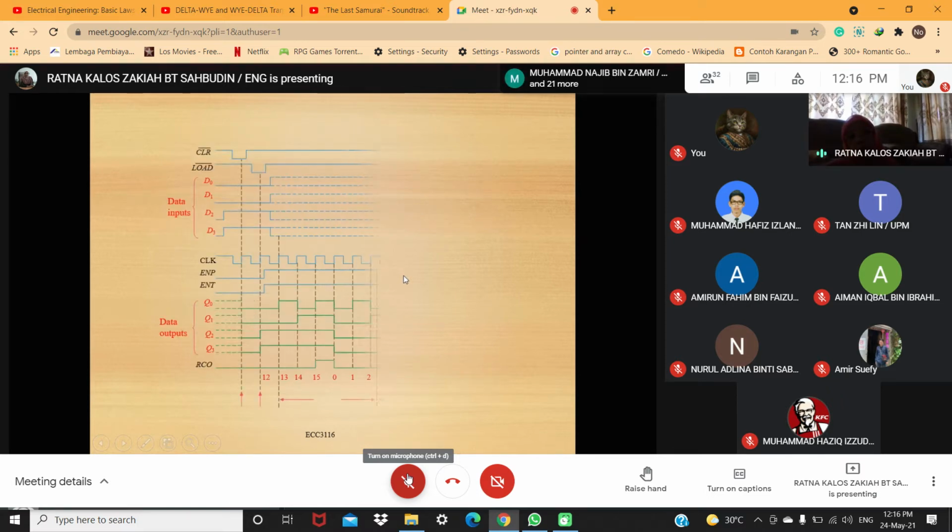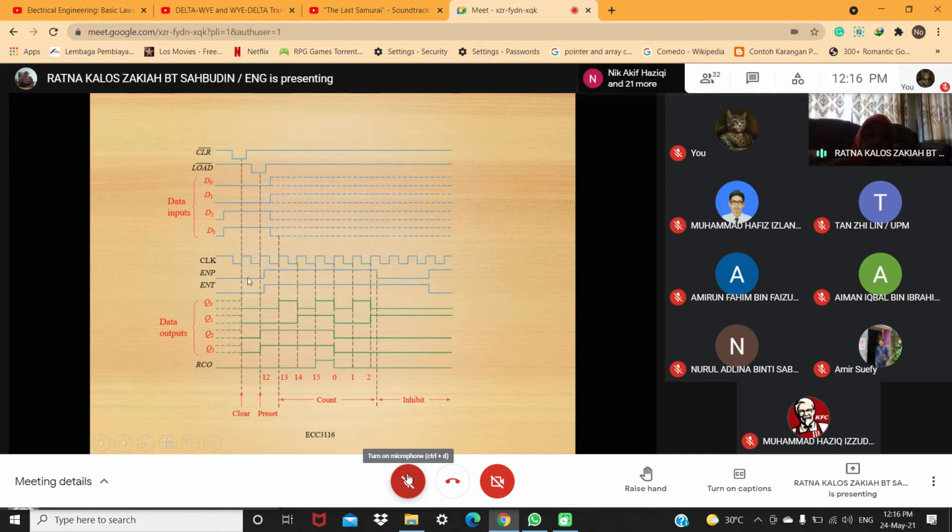Example of the waveform, you can see here, this is the counter. Because the input just now is in parallel, you have the input here, and then this is the output in parallel.